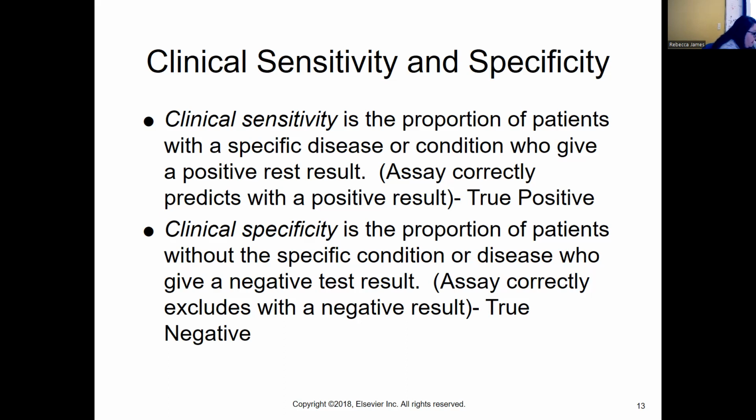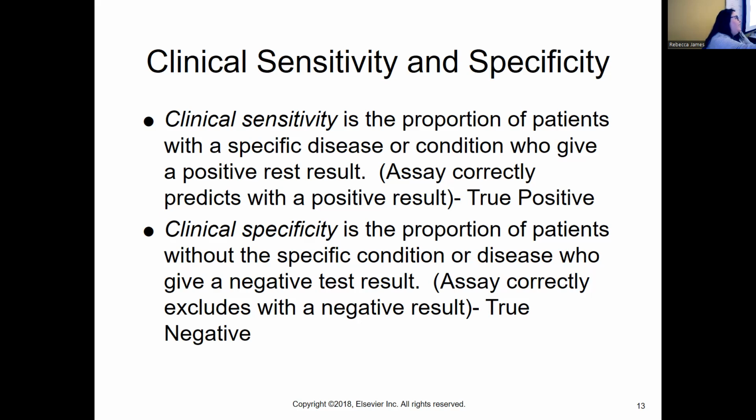Okay. And then false negatives are those who have a negative test result, but do have the disease. So if a woman is indeed pregnant, but then has a pregnancy test and her test is negative, that would be a false negative, right? Because she is actually pregnant.